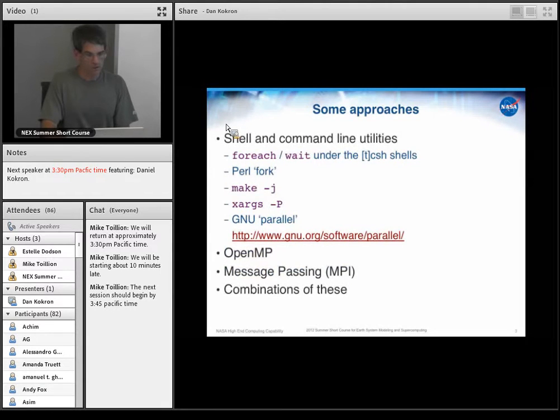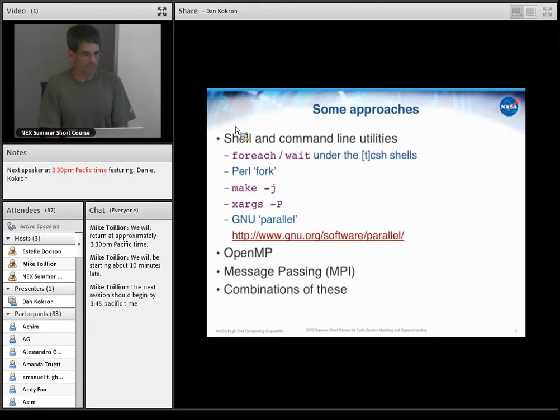Some approaches: shell commands, command lines like foreach and wait. If you're familiar with the C shell or the TC shell, these are available under that, and I believe they're available in some of the other shells as well, but I'll talk about foreach and wait. Perl has a fork utility where you can spawn child processes, and they are independent processes that go along with the parent, and they can do separate work, and then they come together at the end.